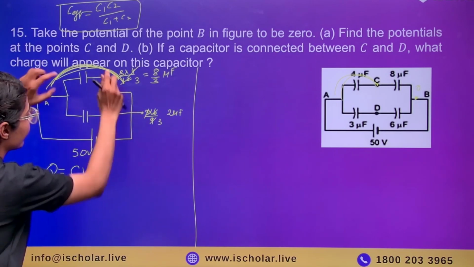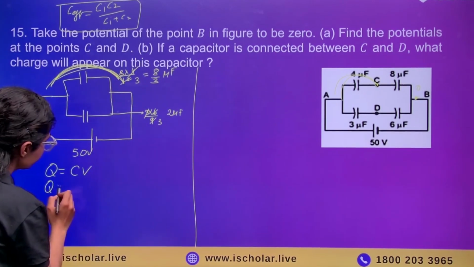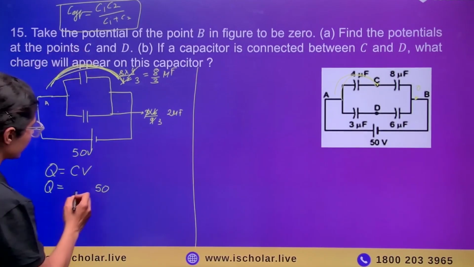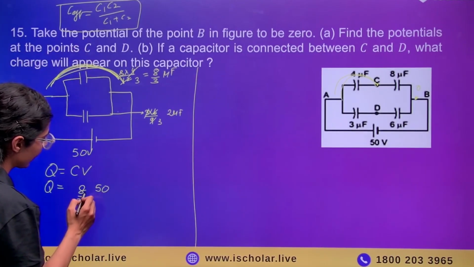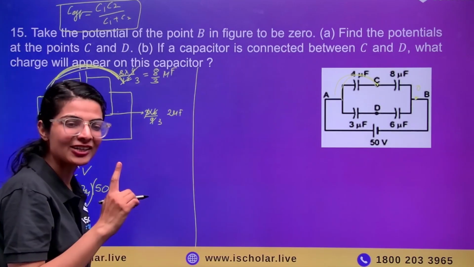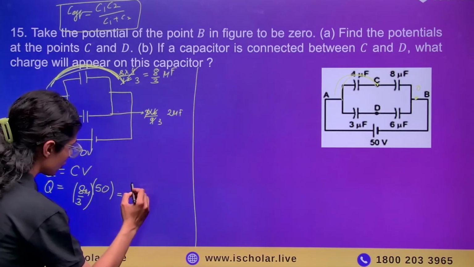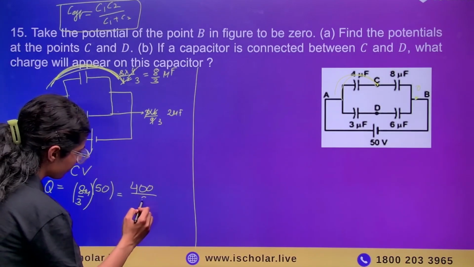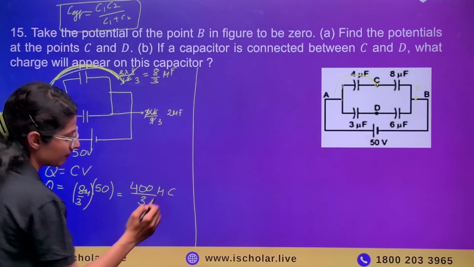Since they are in parallel, the potential is the same for everything, which would be 50, and the capacitance of this part would be 8 by 3 microfarad. Can I say the total charge flowing from this upper branch would be 400 by 3 microcoulomb.